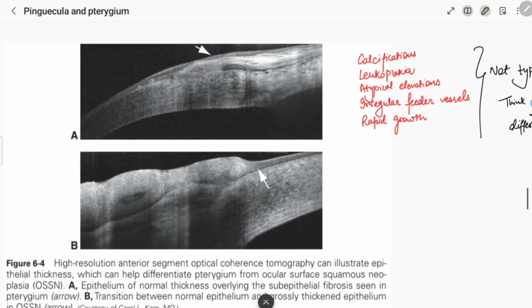In ASOCT, in these images, we can see that this is a pterygium, and there is a normal thickness of the epithelium above the subepithelial ingrowth here. And here this is OSSN. So this is the normal thickness of epithelium, and this area shows a grossly thickened epithelium. So we can differentiate between the two.